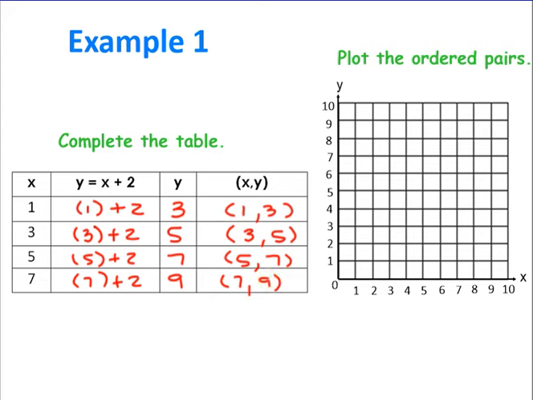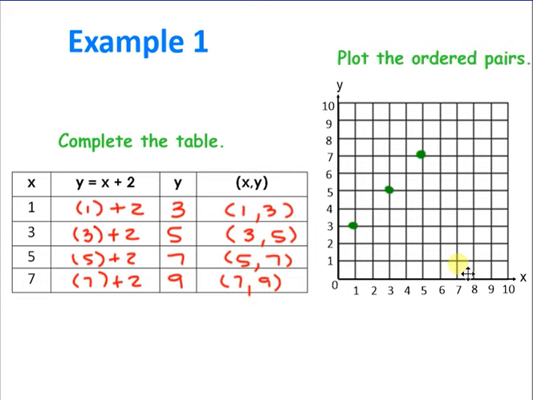Now, let's take a look at what that'll look like on a graph. So, 1, 3, so we're going to go over 1 and up 3. And we're going to put a dot there. Next one, 3, 5, so over 3, and then up 5. We're going to put a dot there. Next one, 5, 7, so we're going to go over 5, and up 7, and then 7, 9.